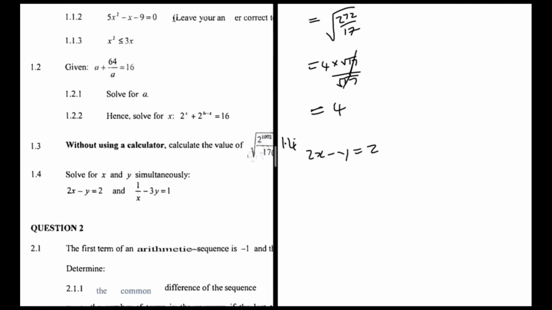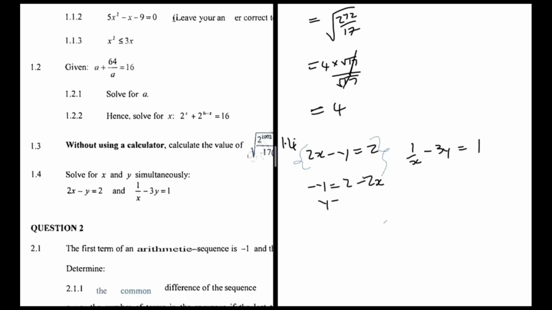And then now for 1.4, we have 2x minus y equals to 2, and 1 divided by x minus 3y equals to 1, and we're supposed to solve simultaneously, right? So this one here looks pretty much simple compared to the other one. So we're gonna start with this one. So we're gonna have minus y equals to 2 minus 2x.